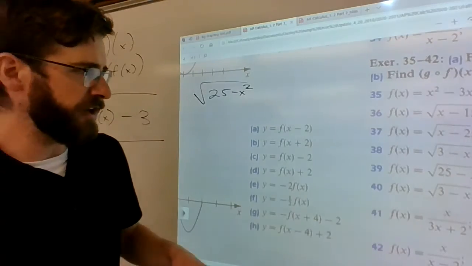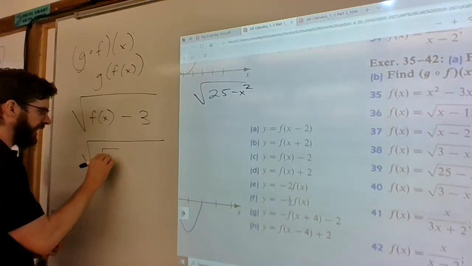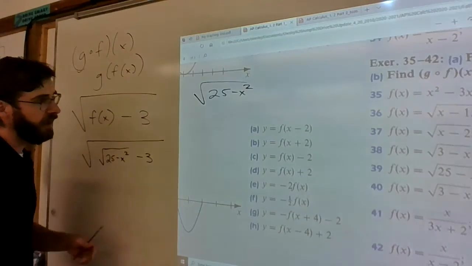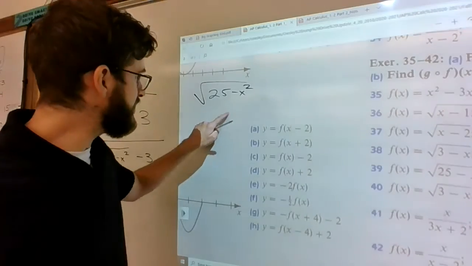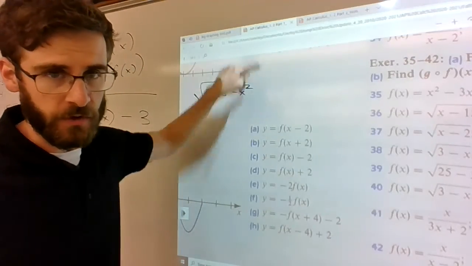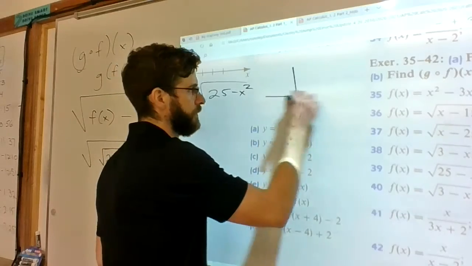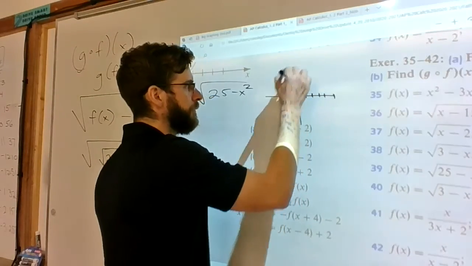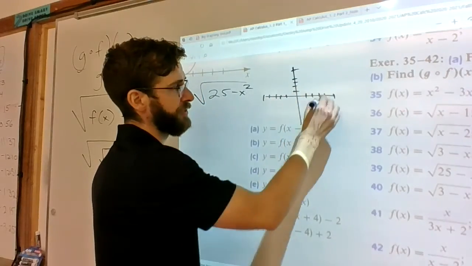So the f of x function is root 25 minus x squared inside the parentheses. Keep in mind that this right here is the equation for a semicircle of radius 5 centered around the origin.